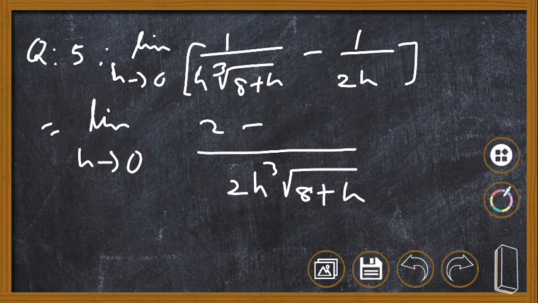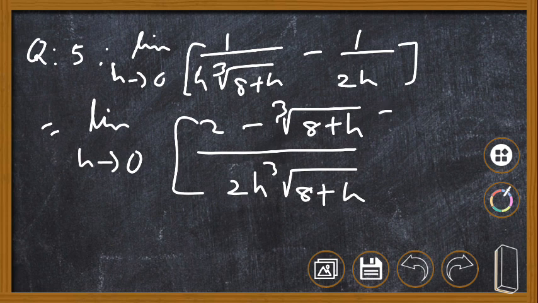look at this, minus this one will be, 2h is there, so twice 2h will go, and this is cube root of 8 plus h. Now, you remember students, whenever you have such situations in algebra, you will try to rationalize.